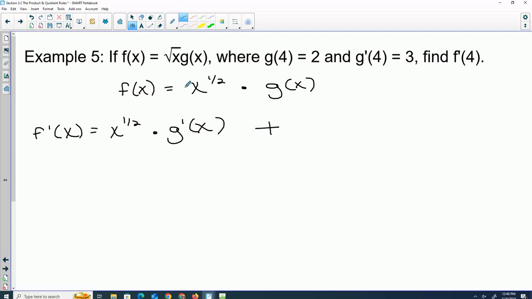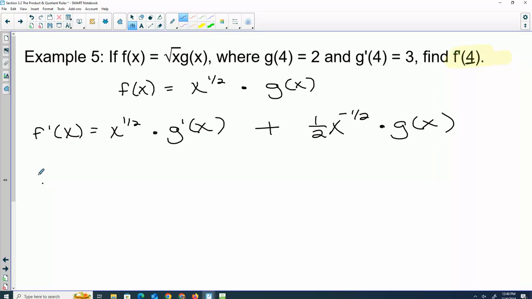Plus the derivative of the first, derivative of x to the 1/2, 1/2 x to the negative 1/2 times the second. Okay, so we didn't get a nice derivative because we don't know what g is, but we've simplified as much as we can. Now, I want to find f prime of 4.